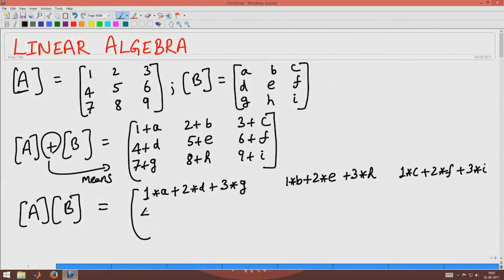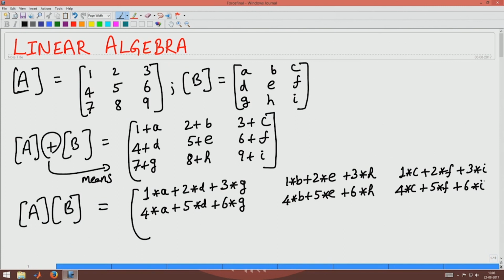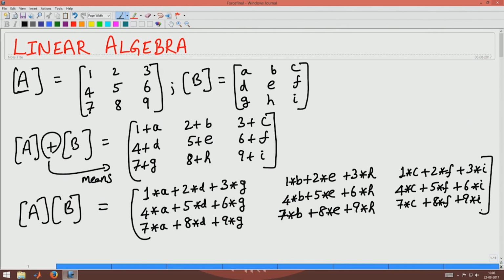So, it will be 4 into A plus 5 into D plus 6 into G. Similarly, the second entry is going to be 4 into B plus 5 into E plus 6 into H, and third entry is going to be 4 into C plus 5 into F plus 6 into I. The last row of this, I am sure you would have recognized the pattern by now, would be 7 into A plus 8 into D plus 9 into G, and here it is going to be 7 into B plus 8 into E plus 9 into H, and here is going to be 7 into C plus 8 into F plus 9 into I. This is what matrix multiplication means.